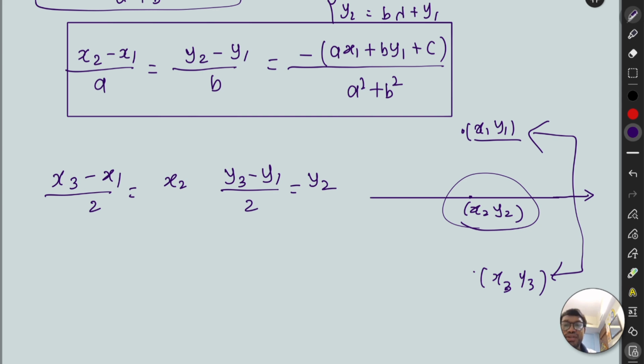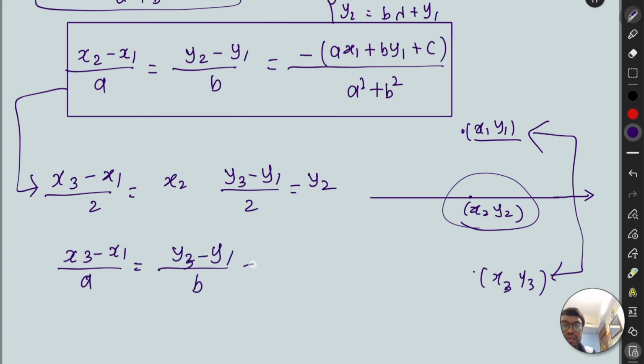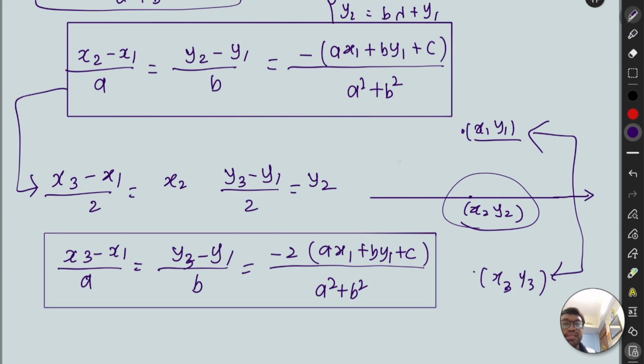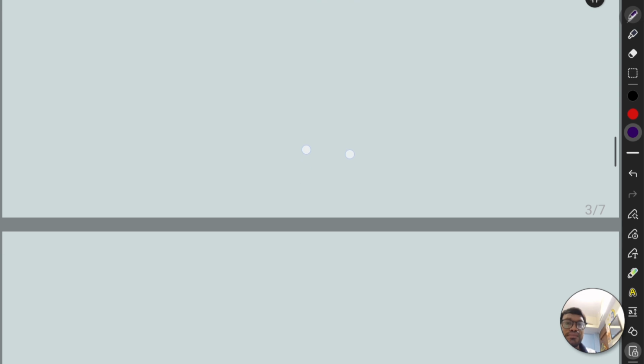In a similar way, if we solve these with the given equation, then x3 minus x1 by a equals y3 minus y1 by b, equal to negative 2 times ax1 plus by1 plus c divided by a square plus b square. So this is the formula for the image. Let's wind it up here.